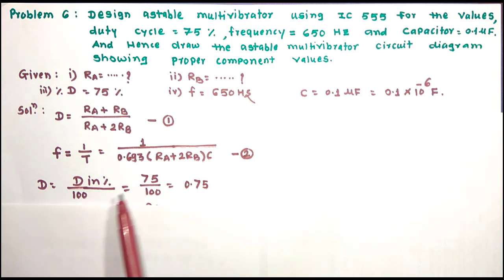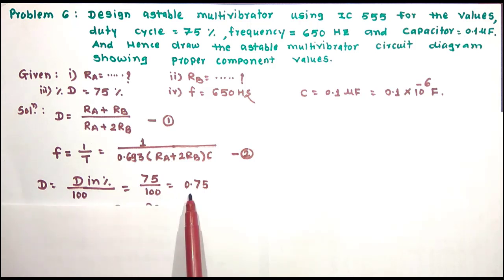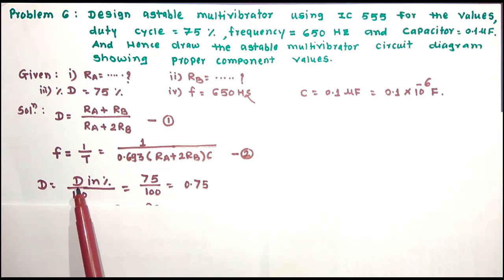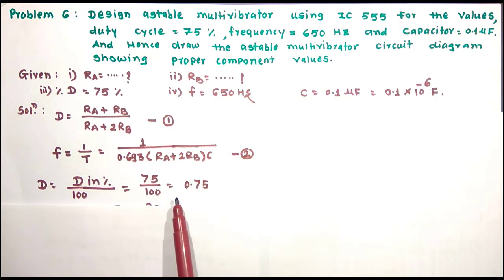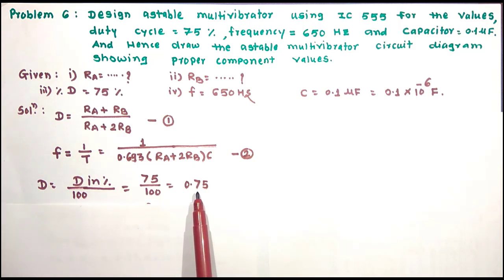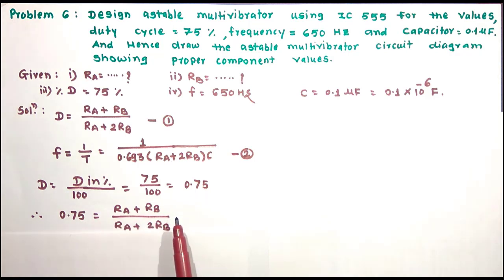In calculation we should take it as 0.75 because D in percent divided by 100 is equal to 75 divided by 100, which is equal to 0.75. So 0.75 is equal to RA plus RB divided by RA plus 2RB.